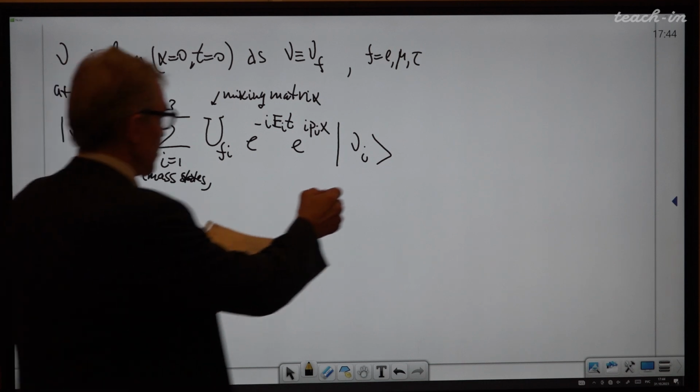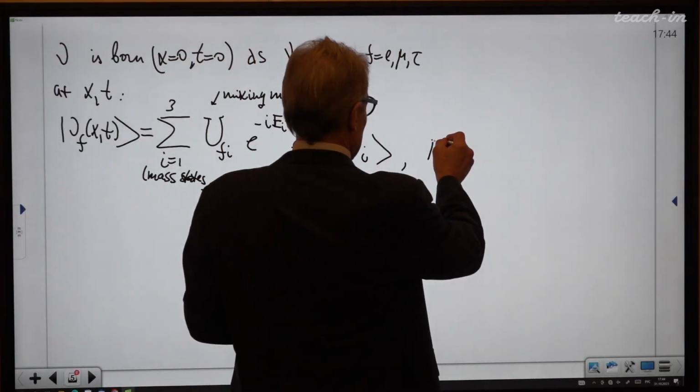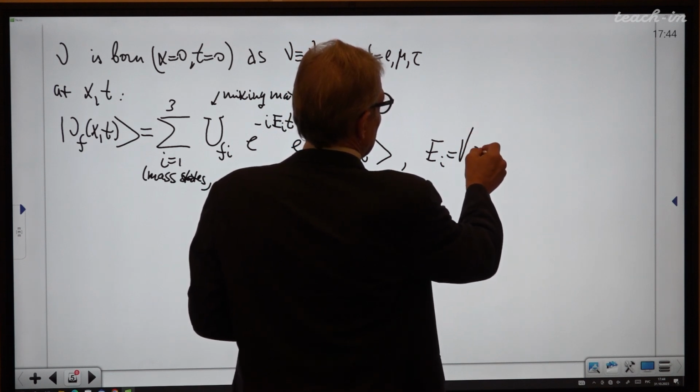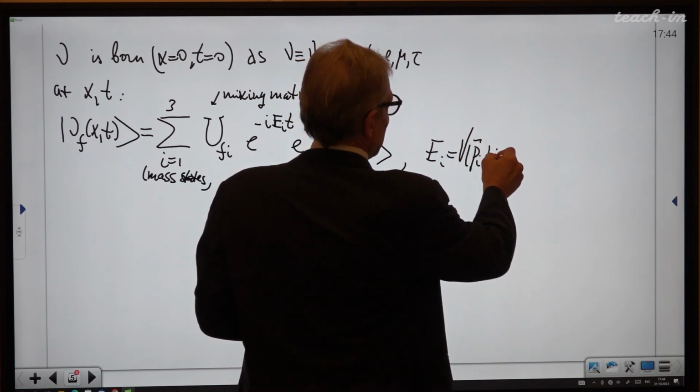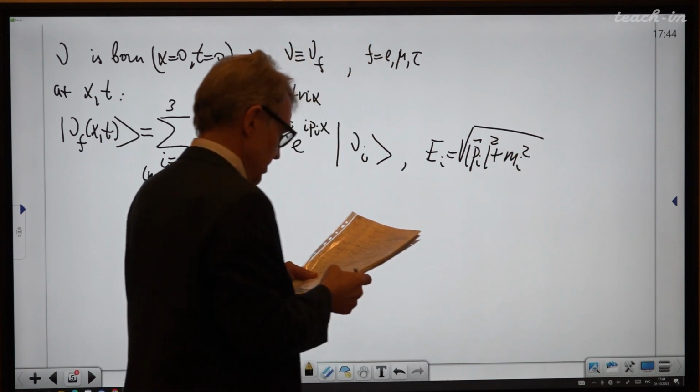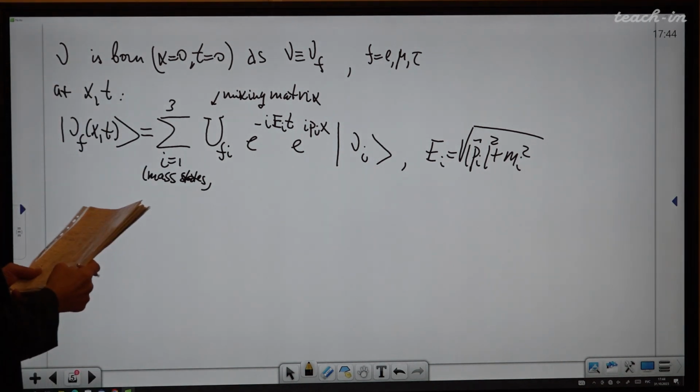Here we also should recall that there is a relativistic relation between energy and momentum for each neutrino mass state. Yeah, relativistic energy.